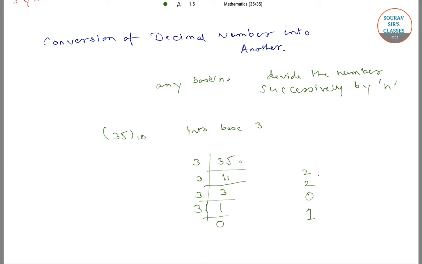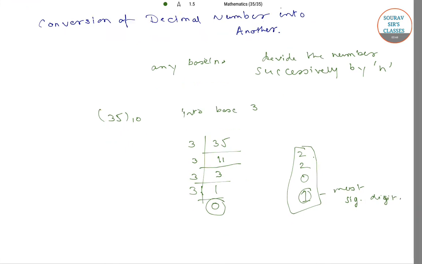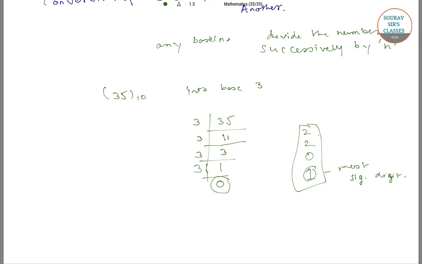So as we can see here, we are continuing till our quotient becomes 0. And these are the remainders obtained. The last one is the most significant digit, and will be written in the leftmost, that is written 1, then 0, then 2 and 2.